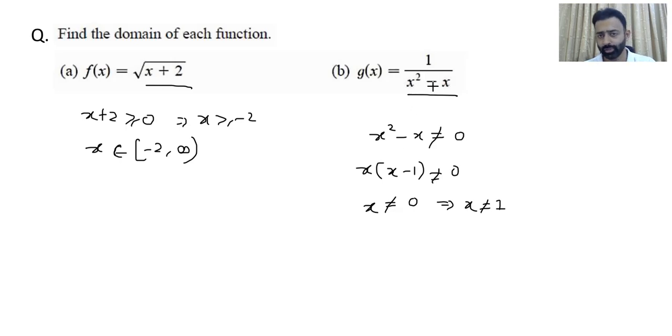And if you put x equal to 0, it will be 1 upon 0, again not allowed. Rest all the values are allowed. So only these two discrete values should not be in the domain. So the domain for this is that x belongs to all real numbers except these two values, which are 0 and 1.